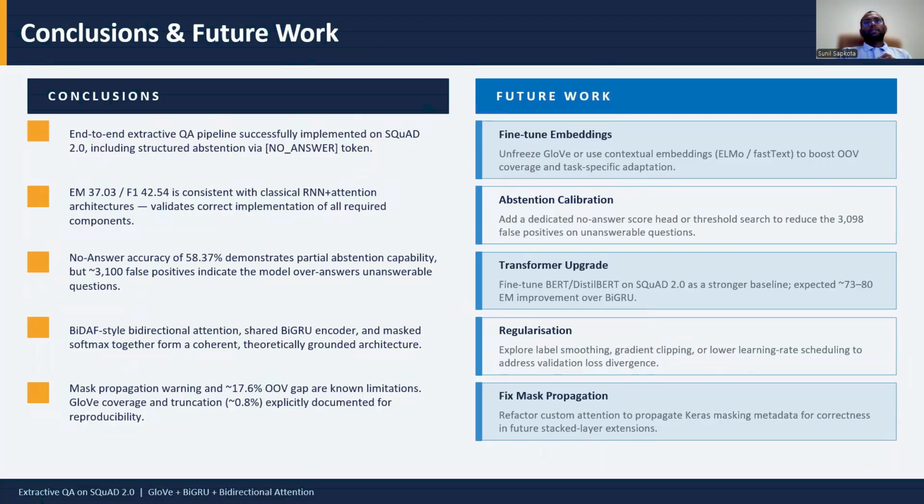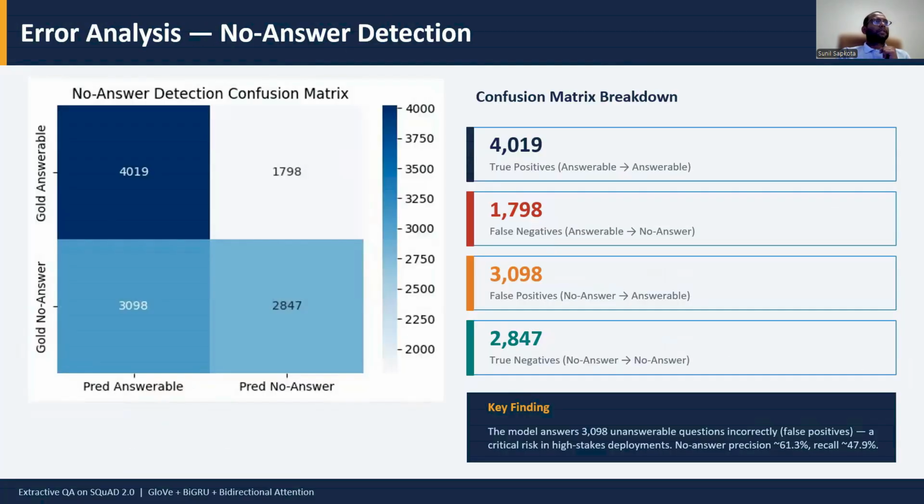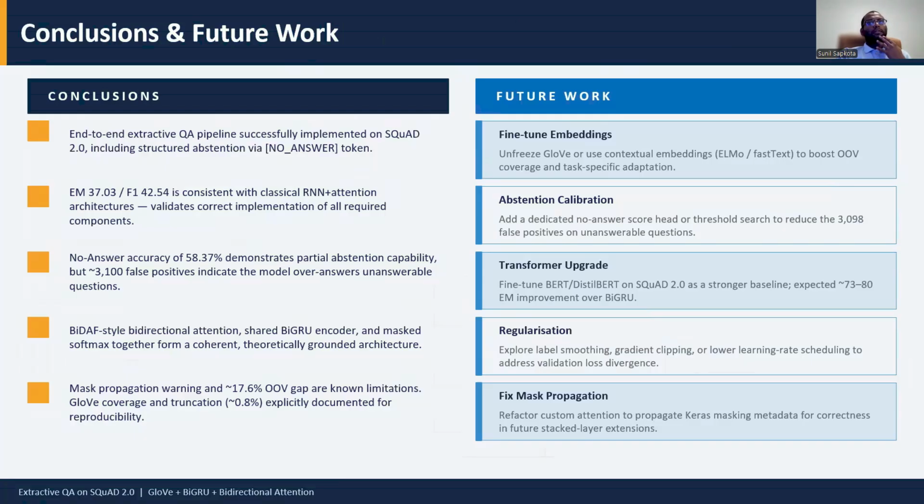The main weakness is the huge number of false positives on the unanswerable questions, which we can see here, almost 3,100. It's a huge number, and we can fix it by updating some hyperparameters.